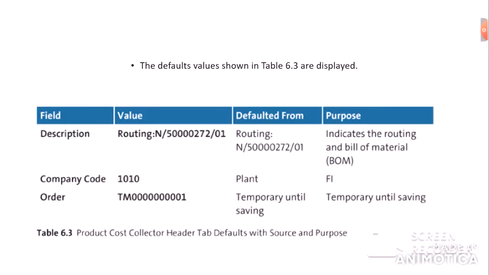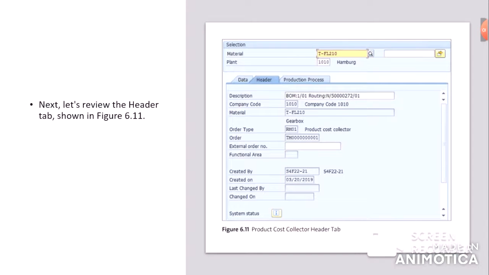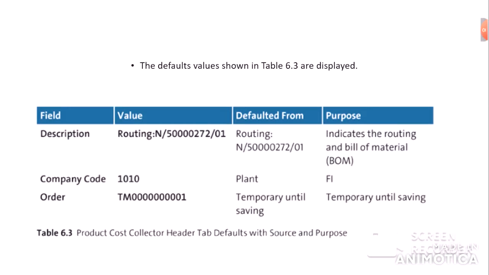Defaulted from routing, purpose indicates the routing and bill of material. Company code defaulted from plant, and order temporary until saving. So we can understand from where these values are getting defaulted and updated in these fields. It is from routing and plant.